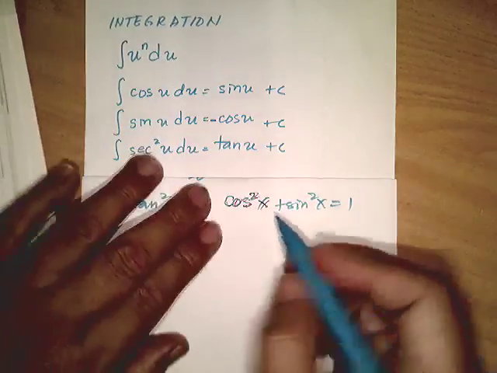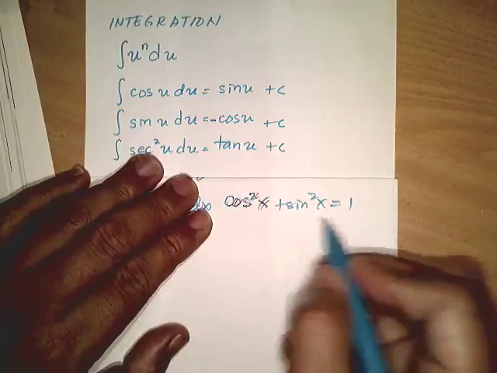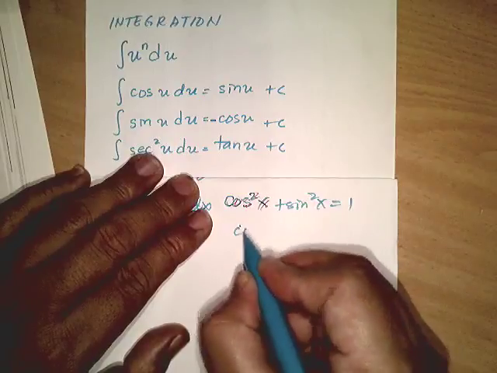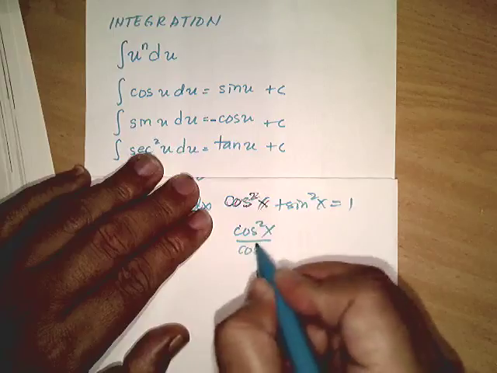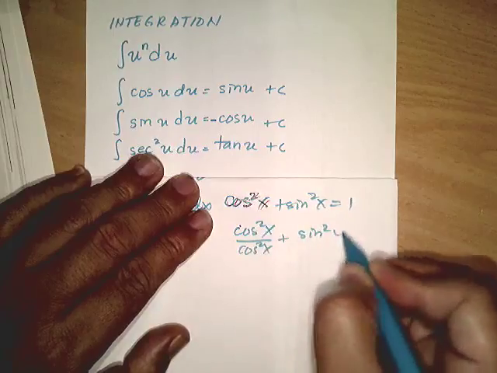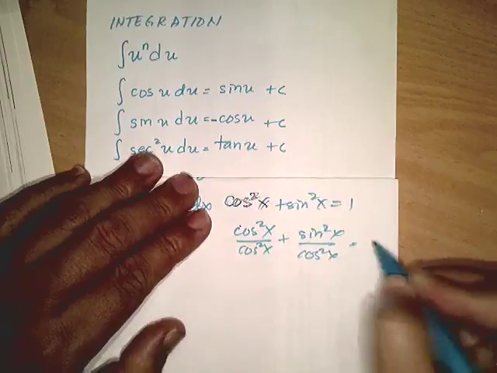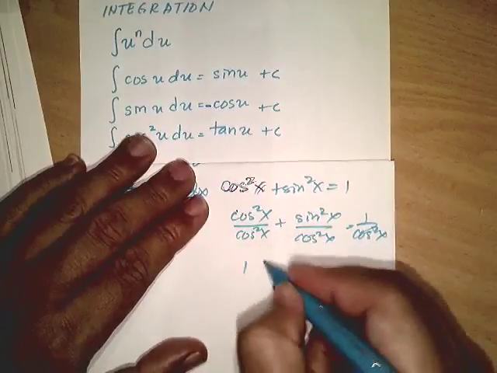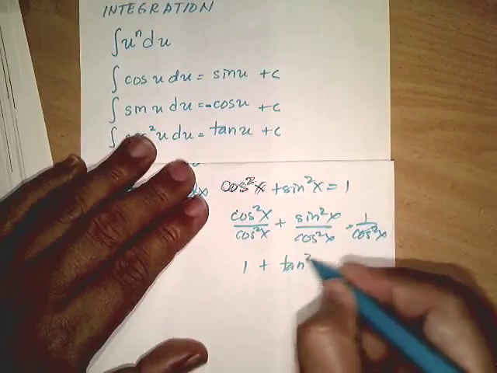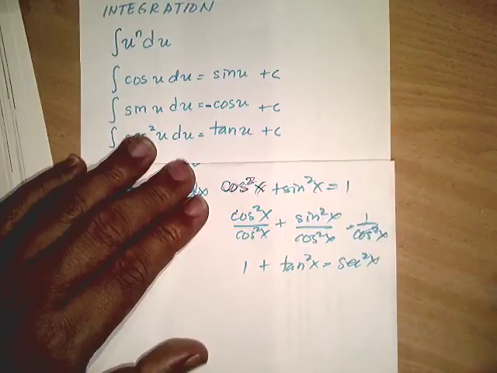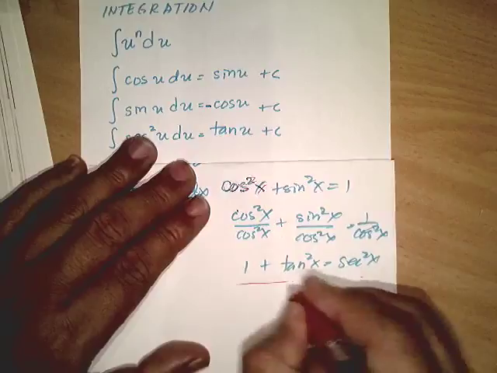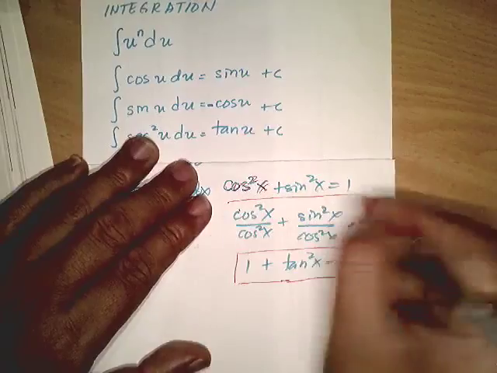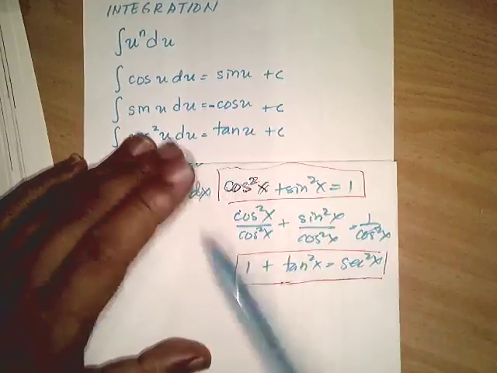If we divide all of this by cosine squared x, this becomes 1 plus tangent squared x equals secant squared x. So this is our other formula. And let's use that formula to solve this one.